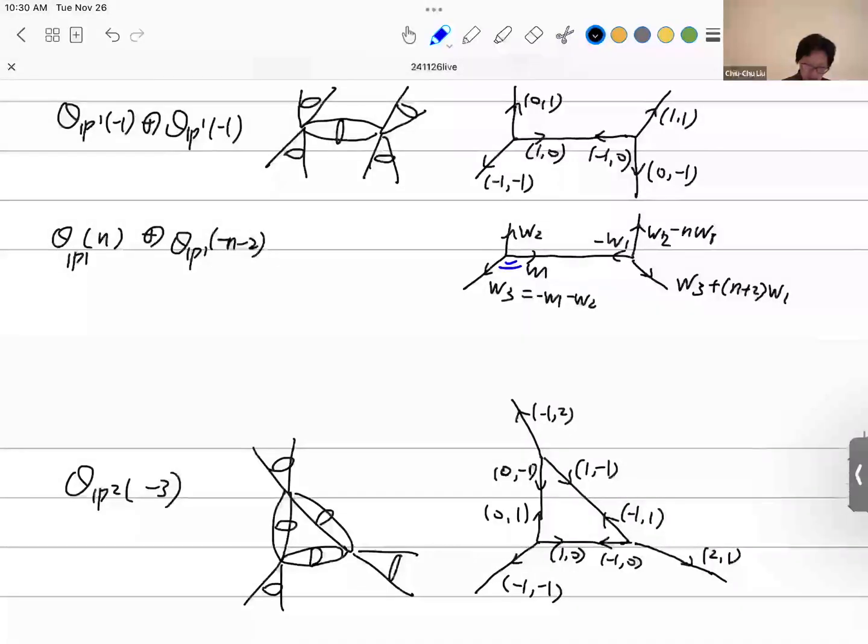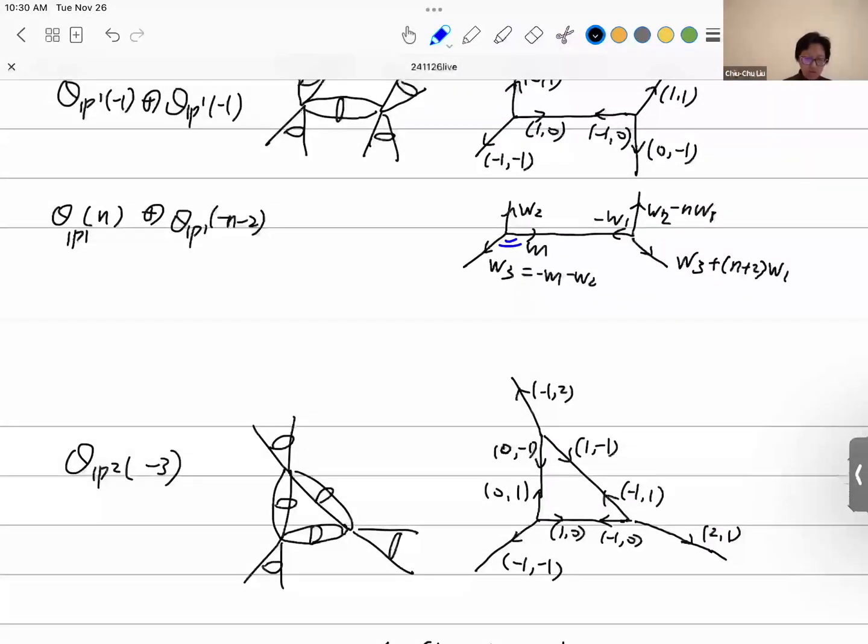So here's an example. So O(P2) minus 3. On the base P2, there are 3 projective lines, which are one-dimensional orbits of the torus action. And then we have 3 fixed points, and over each of the three fixed points, the fiber is one-dimensional.